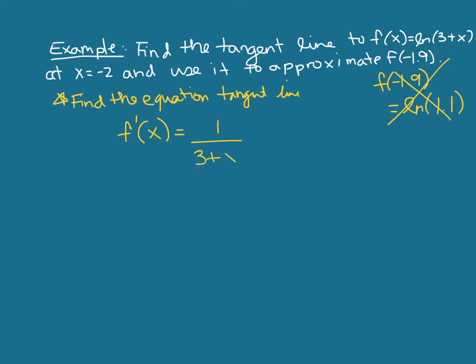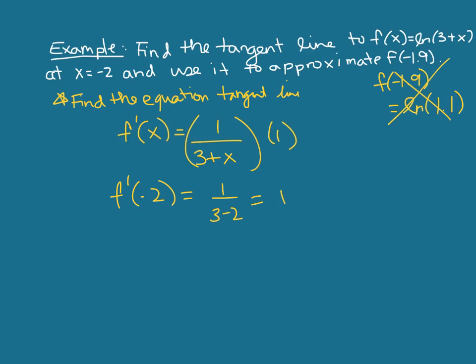Remember that we need to use the chain rule with our ln. Actually, though, the stuff inside our parentheses ends up just being 1. So we get f prime of x equals 1 over 3 plus x. We know that f prime of -2 is going to be 1 over 3 minus 2, which gives us just 1. That's the slope of our line, which is really nice.